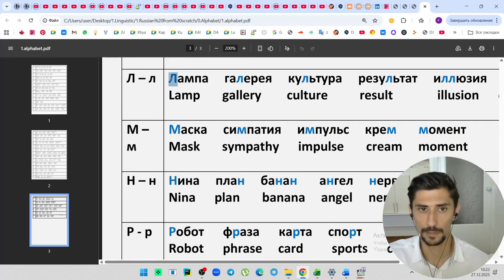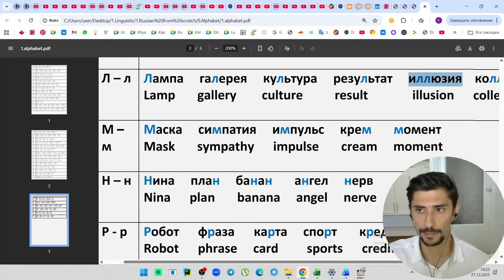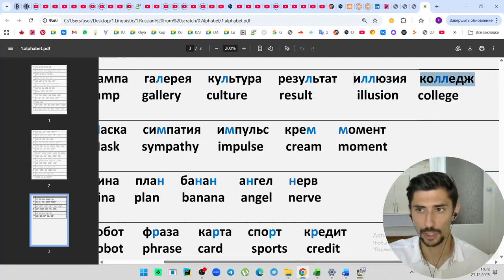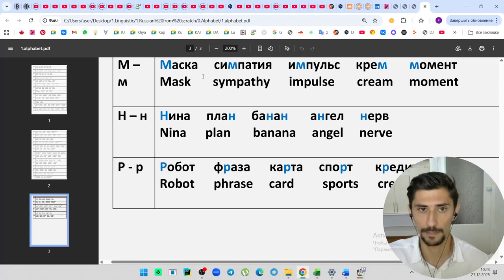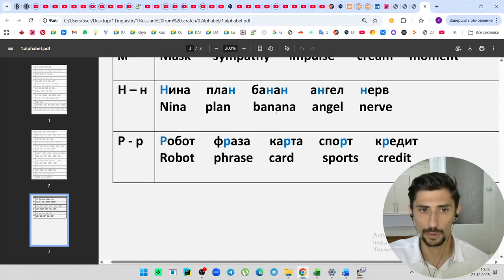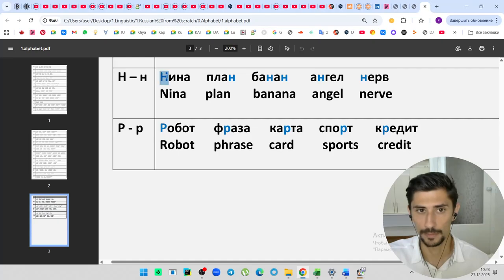Next is Л. Лампа, галерея, культура, результат, иллюзия, колледж. Okay, very good. Next letter is М. Маска, симпатия, импульс, крем, момент. Very good. Next letter is Н.